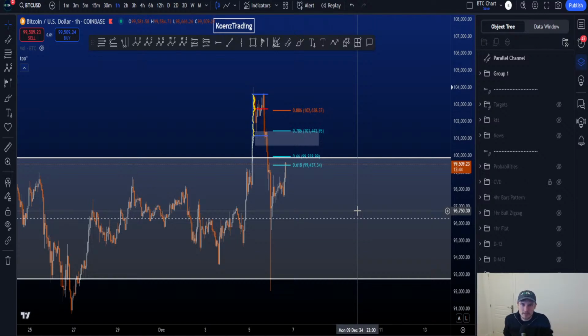I combined the theory I had about impulses with corrective structures, more specifically impulse wave 2 with corrective structure wave Bs and Xs. But if you only read about impulses or only read about a WXY, you won't hear about the 886.